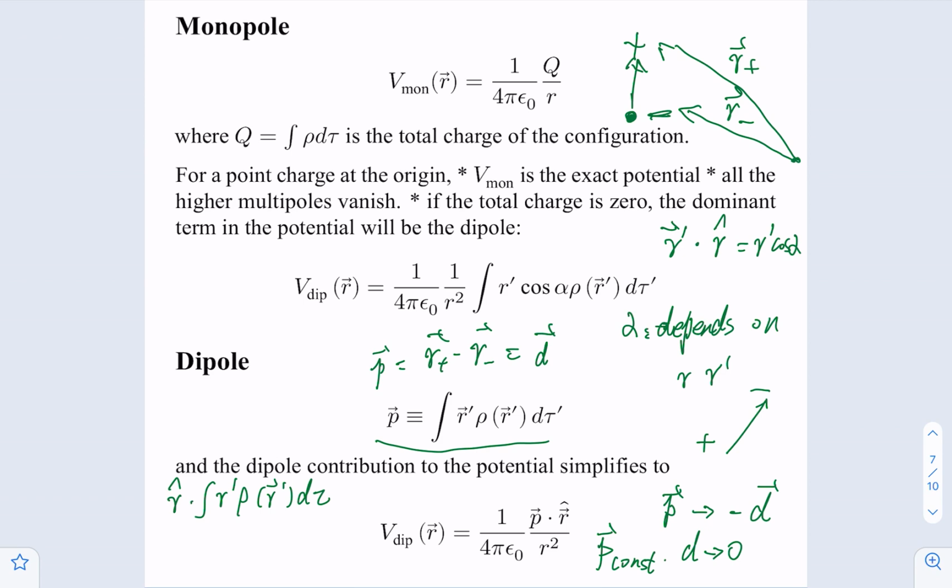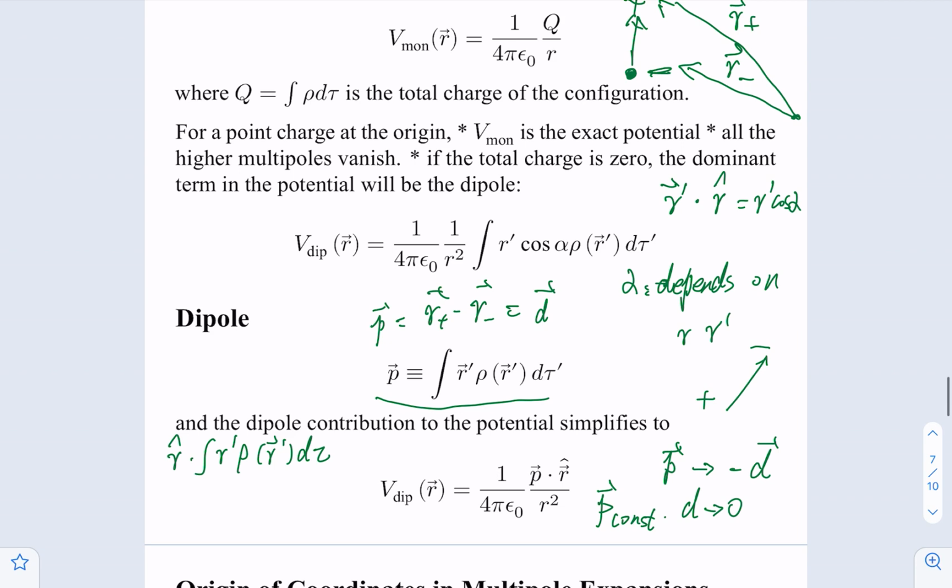Finally, I want to mention that we actually derived these dipole potentials in the homework. If you still remember, we actually calculated the case of two charged spheres that are separated by a distance d.